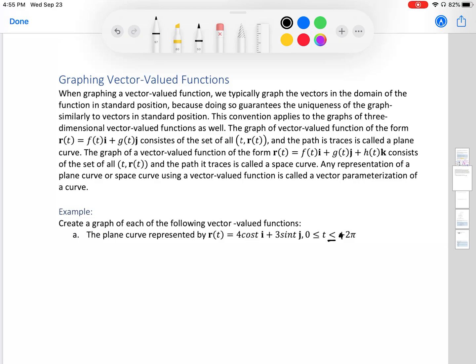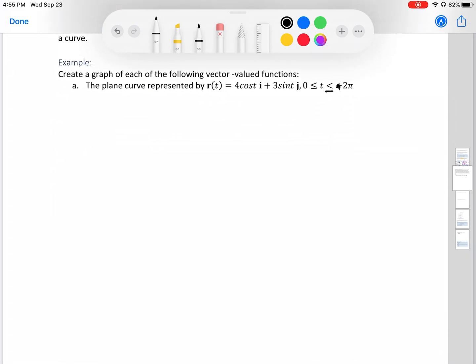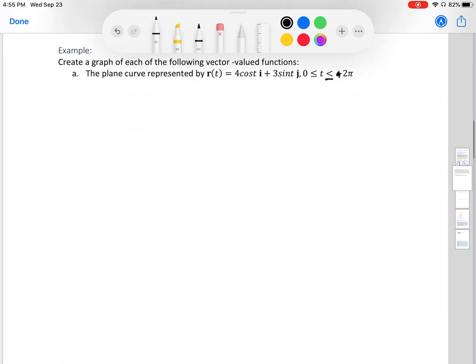If you look at your book, it has a way of writing your chart, which I'm not a fan of. So I'll teach you how I do it. We have to figure out values for t, and we can pick any t we like as long as it's between 0 and 2 pi. That's a t that we'll evaluate for, similarly to our last example.